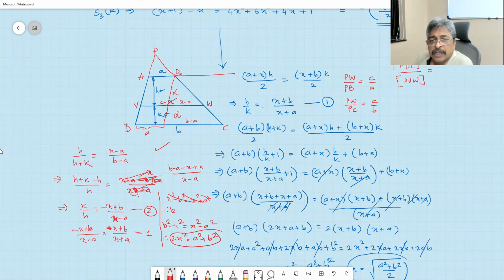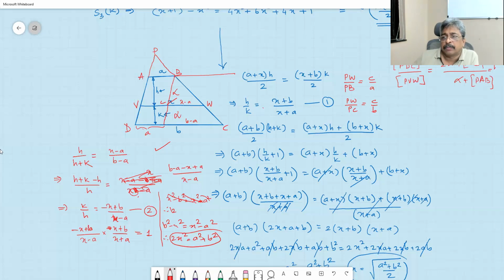You are taking this as a ratio. Yes, sir. I found out the area of PDC in two ways. It is equal to B square upon C square.